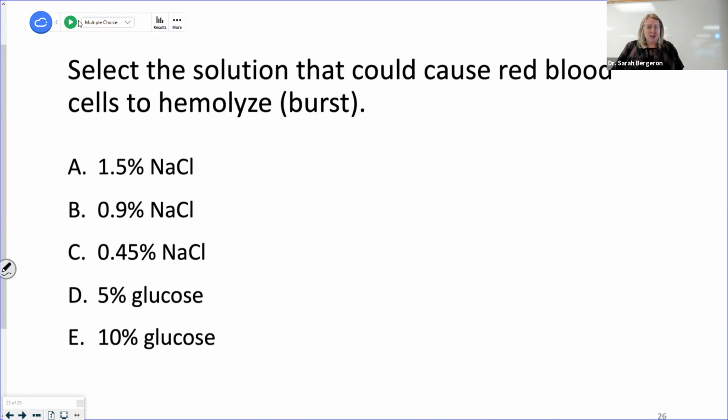Okay, select the solution that could cause red blood cells to hemolyze or burst. You have to remember what physiological conditions are.